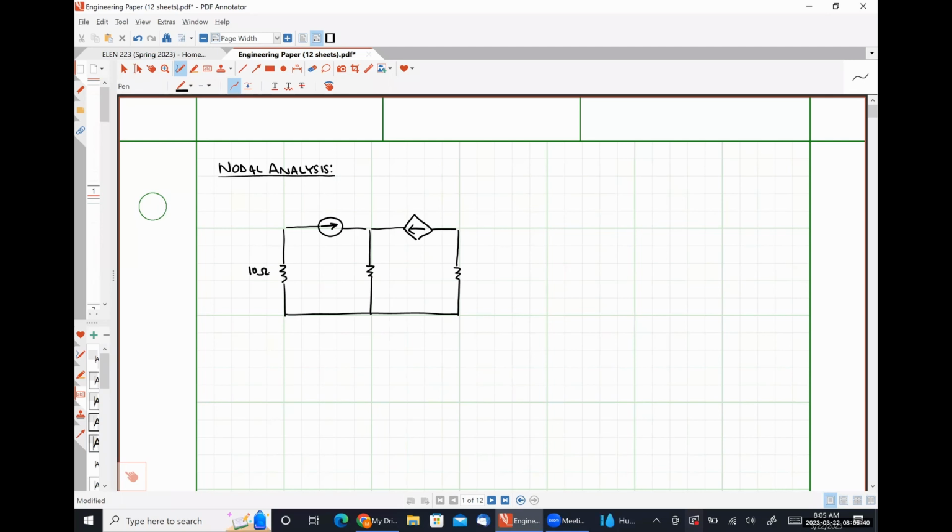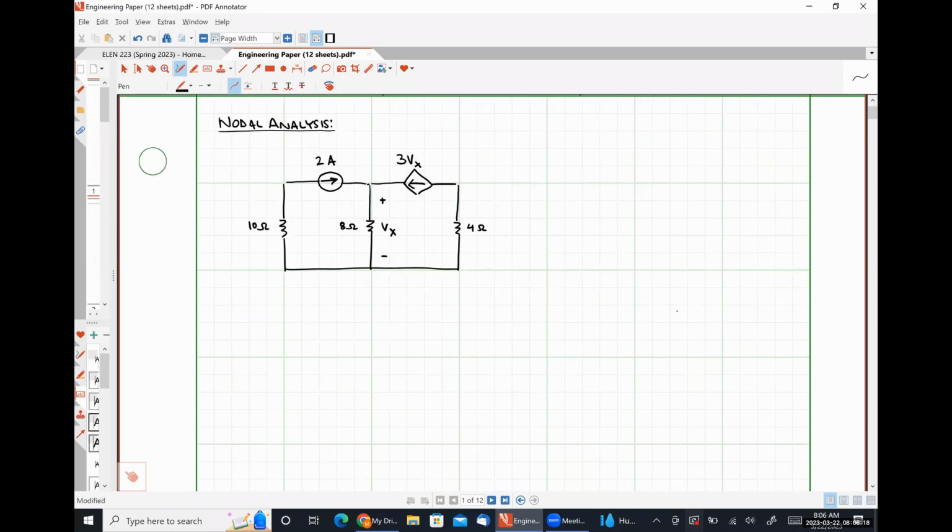Let's say that this is a 10 ohm resistor, this is an 8 ohm resistor, this is a 4 ohm resistor. This current source will be 2 amps, this current source will be 3 Vx, and Vx will be defined as the voltage drop across our 8 ohm resistor. Okay. So this is the circuit that we're going to analyze.